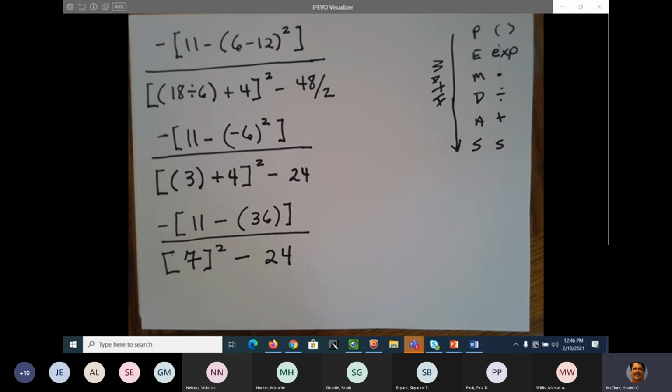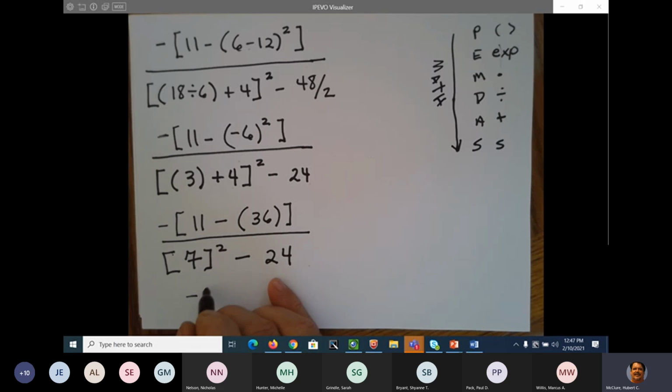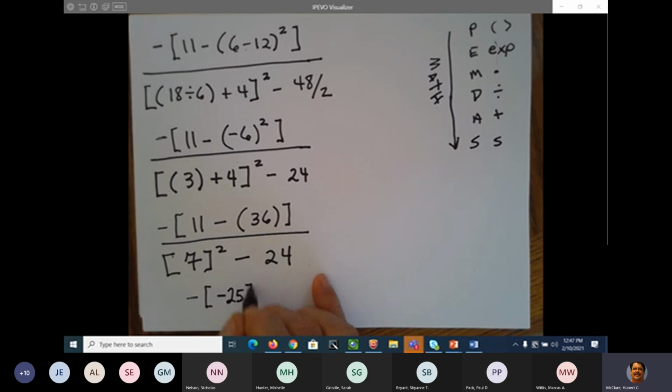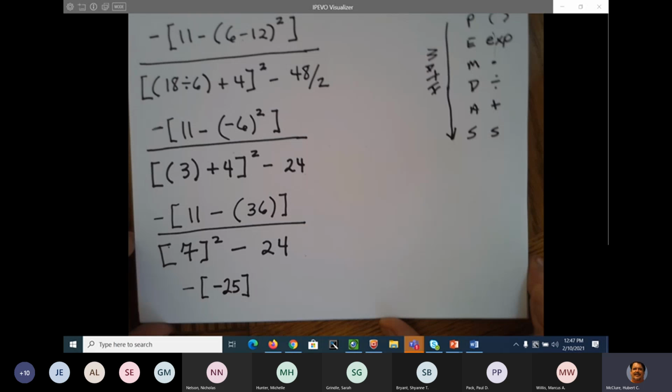All right, so 11 minus 36. 11 minus 36 is going to be negative 25. So that gives us negative brackets, negative 25 divided by 49 minus 24.